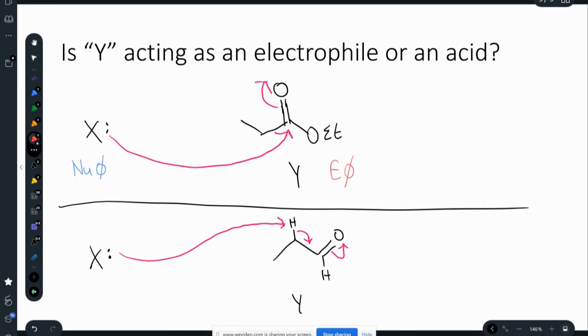In the second case, am I attacking a hydrogen? Yep, so that's an acid and a base. And if you could follow that, then you're ready to do Module 13.